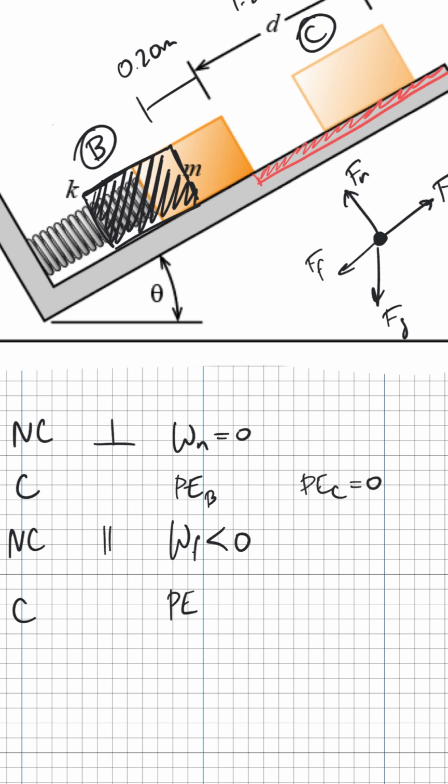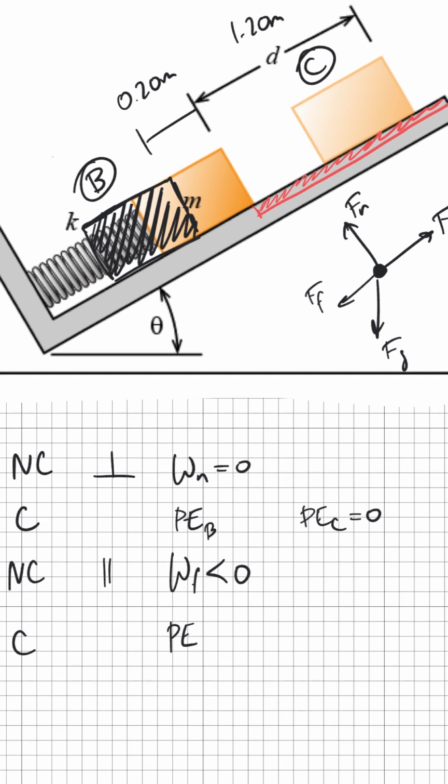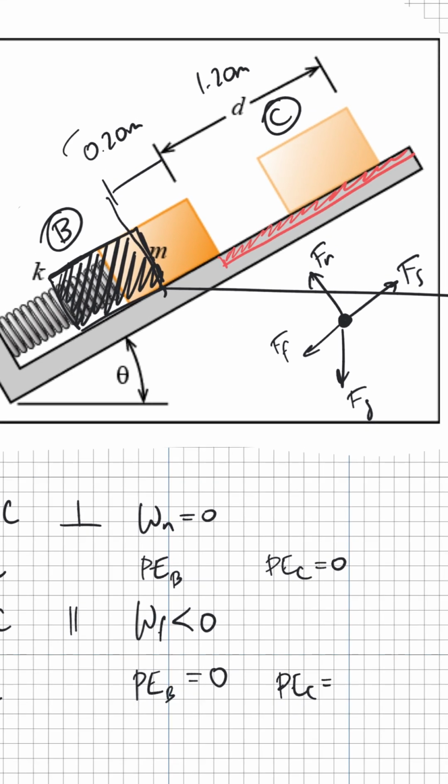Okay, and then for the gravitational potential energy at B, well, we might call that 0, right? Because we need somewhere to be 0. So maybe we make this point right here y equals 0. And then the potential energy at C is going to be all of this.